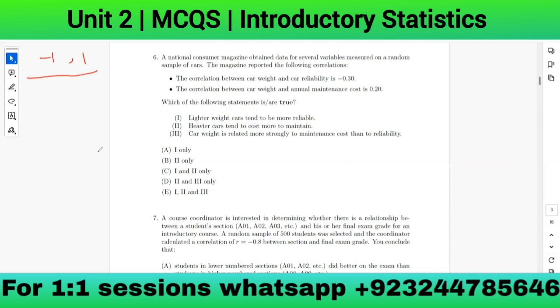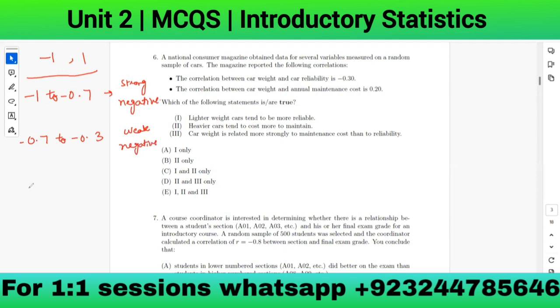So what are the interpretations? If the correlation is between -1 and minus 0.7, it means it's strong negative correlation. If it's minus 0.7 to minus 0.3, then it's weak negative.